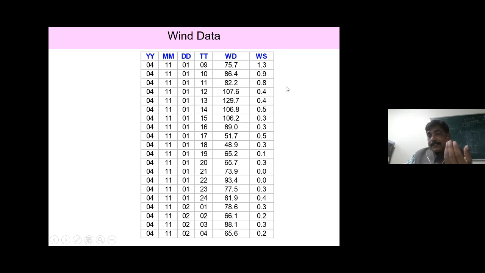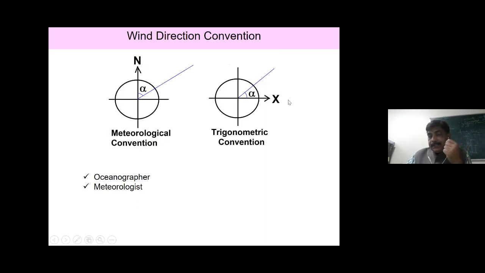What is wind direction? Here some confusion is there, so let me clear it. Wind direction convention. Now the left side is the meteorological convention. Here the north direction matters and all angles are measured from north in the clockwise direction. So here alpha is the wind direction.